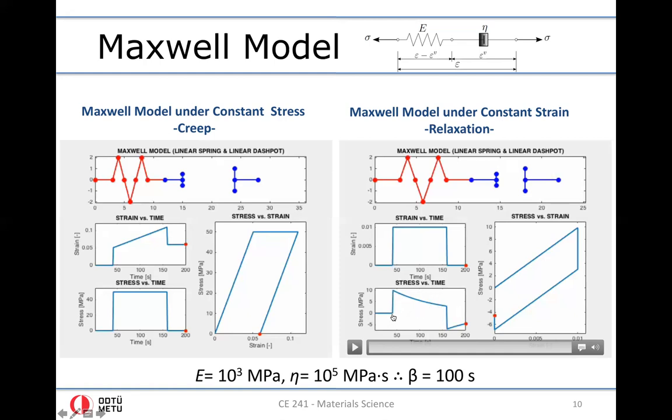So apparently we started our experiment at t equals 40 seconds, and when you draw a tangent here, that essentially goes to somewhere here, 140 seconds, and the difference is basically our relaxation time, which is 100 seconds.